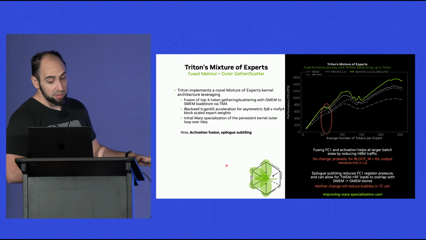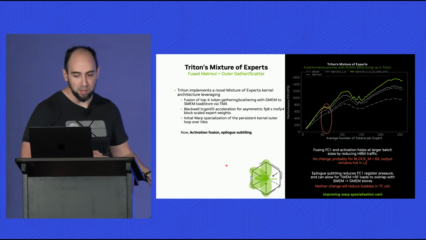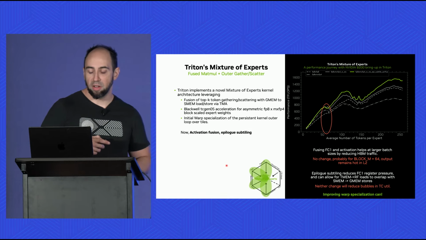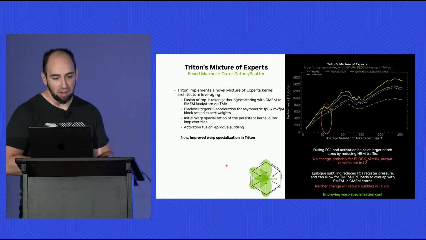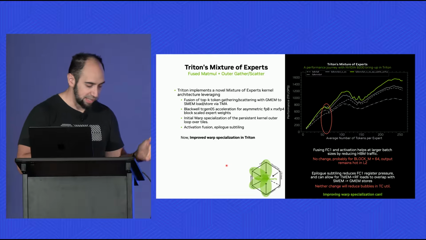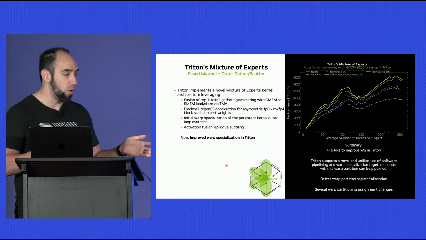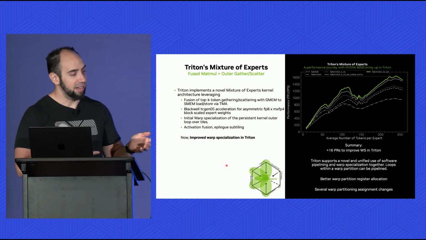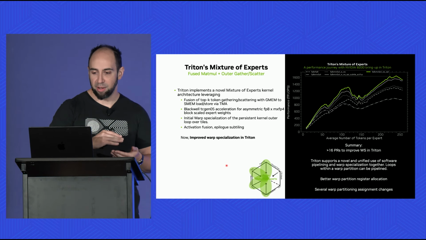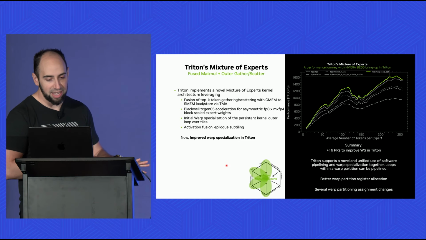What can improve this more? Back to warp specialization. Improving the warp specialization can. I don't have a ton of time to go through all of the ways in which we did this. I spent maybe three or four months over the summer looking at this and counted up to 16 PRs, at which point I sort of stopped because it was already a lot.